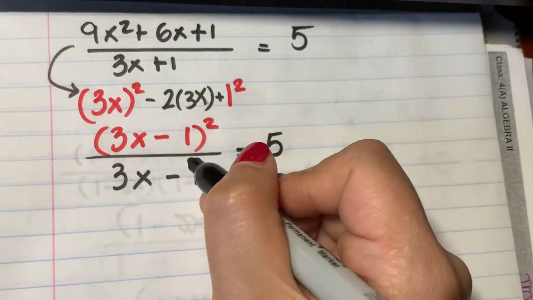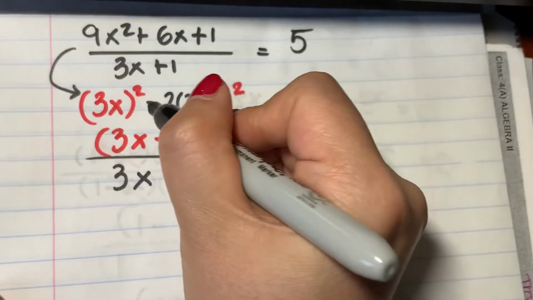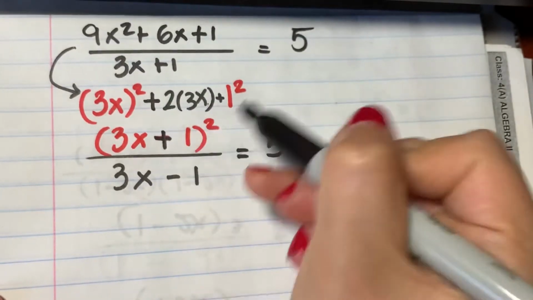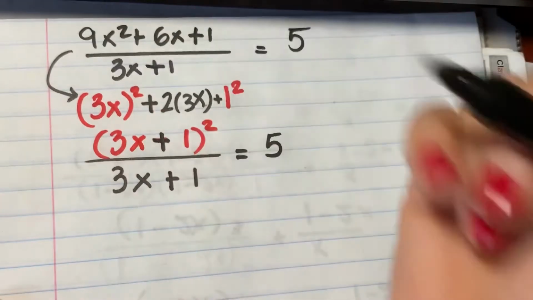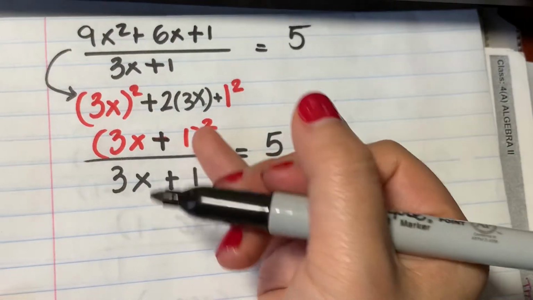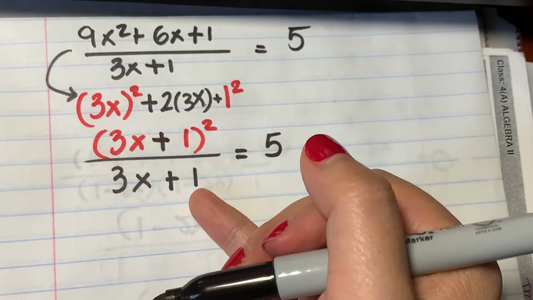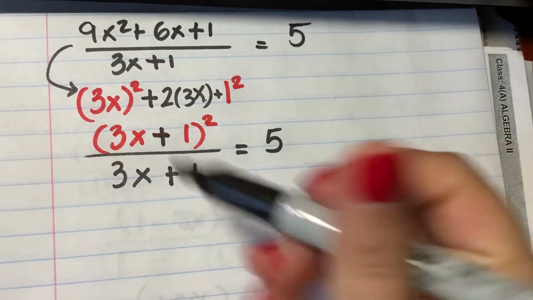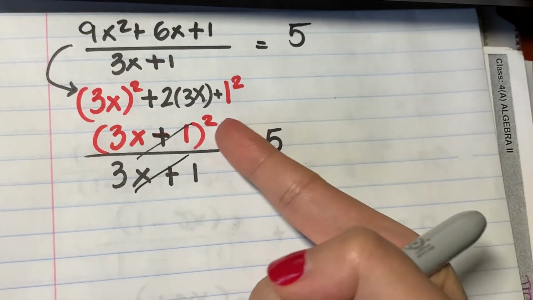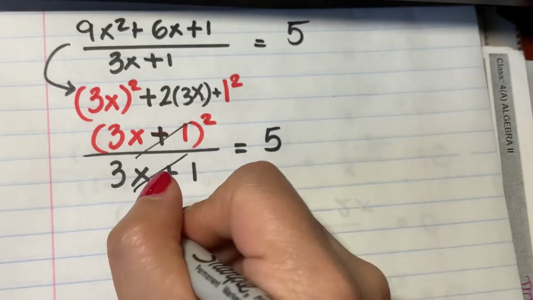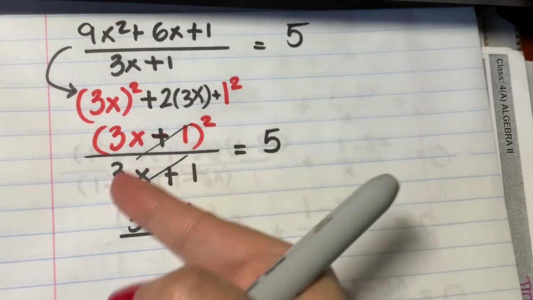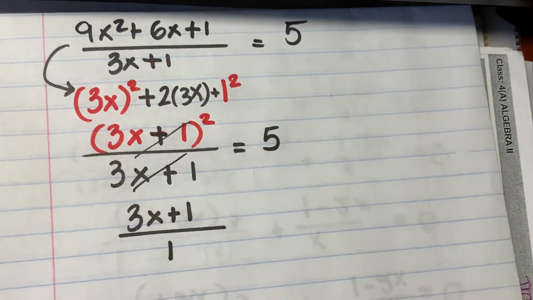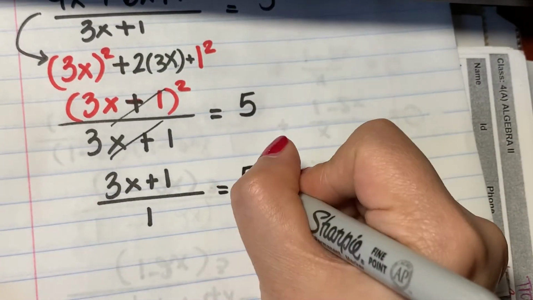Oh, my bad, this is a plus. Okay. 3x plus 1 twice, 2 times. This is just 1 time. So when you divide, you're gonna have 1 time on top. Okay. So 3x plus 1. When you cancel out, you got nothing in the bottom. So you're gonna put 1 equals 5.